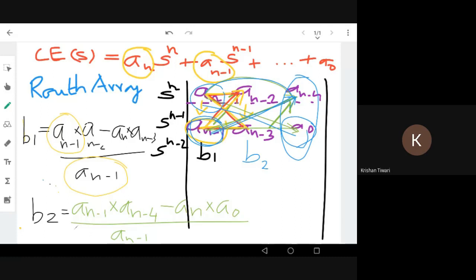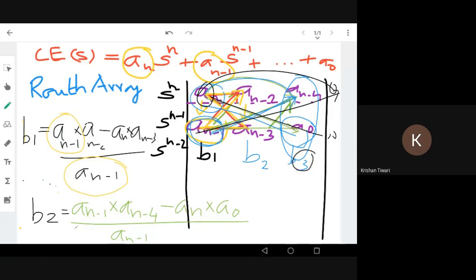Okay, so likewise we calculate all the rows. Now we can calculate b3 also. Here in this example b3 is 0 because there is no other option after this. There's no value here, again minus this into again a 0 value here. So b3 in this example is 0 only.